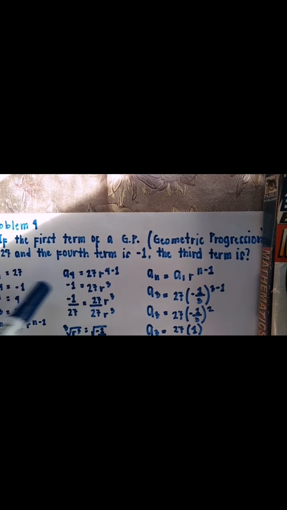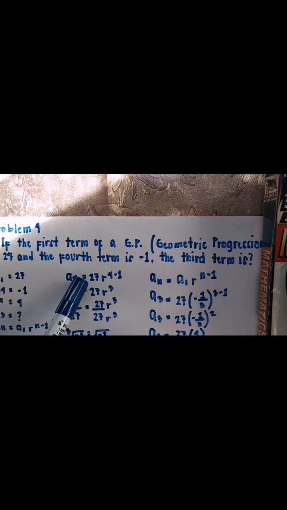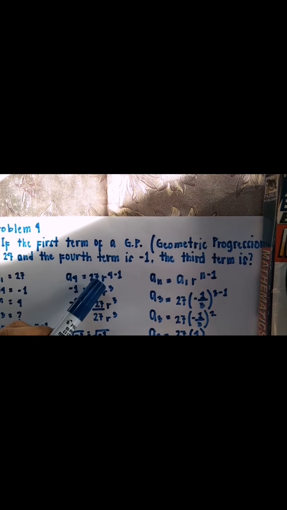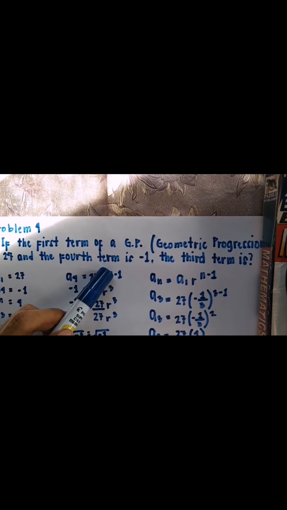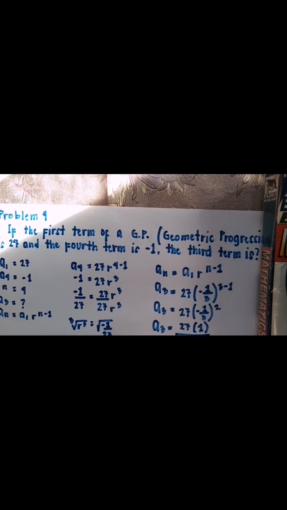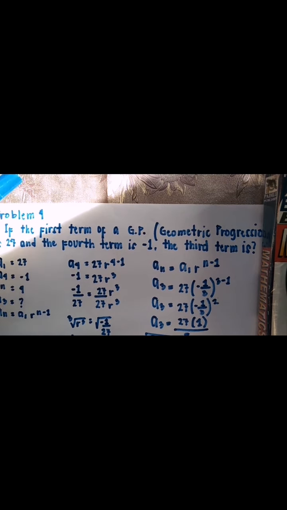We write it by copying this formula. a sub 4 is equal to 27 times the common ratio r to the power of 4 minus 1.